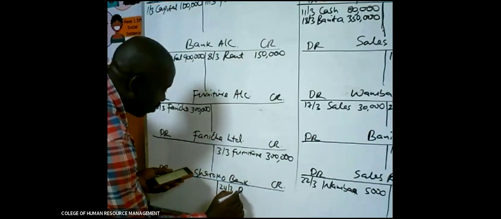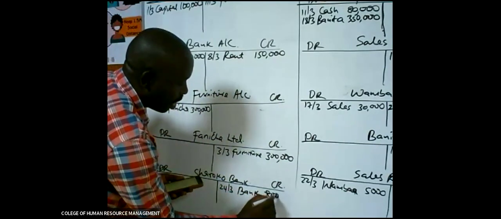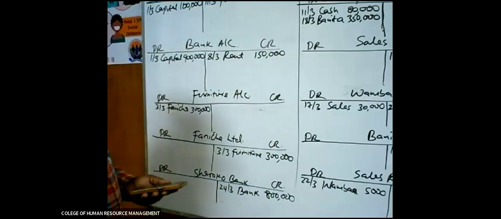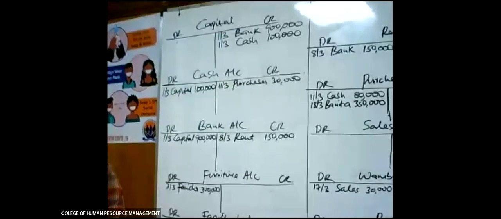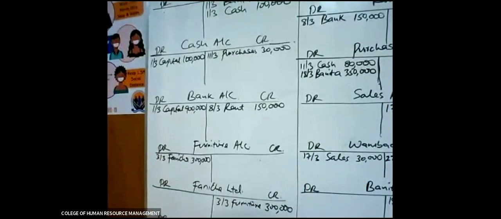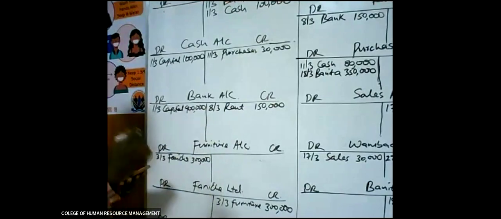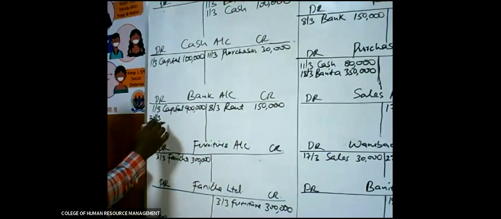We received this one, not indicated, but it is going to be the bank. The bank will receive 800,000 loan. Liability, we credit. But we have received cash in our bank account. In our bank account, there is money that we have received from Chrp Bank.